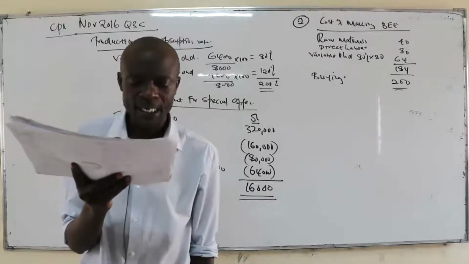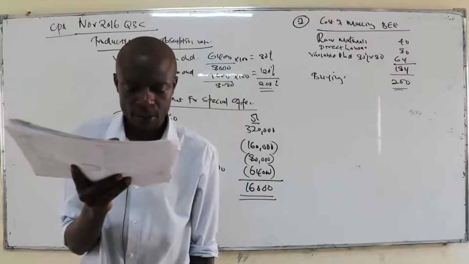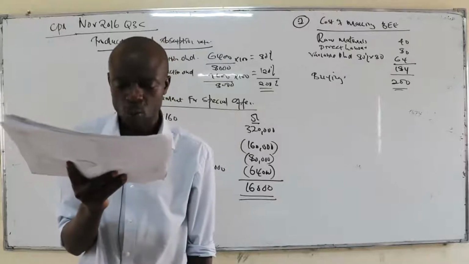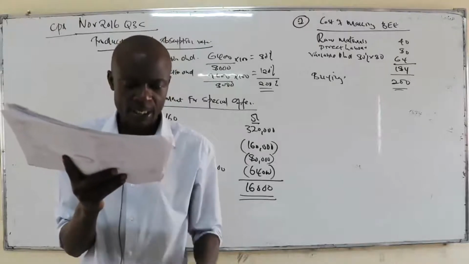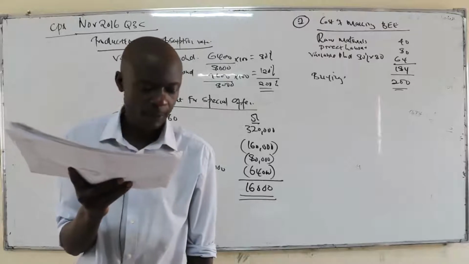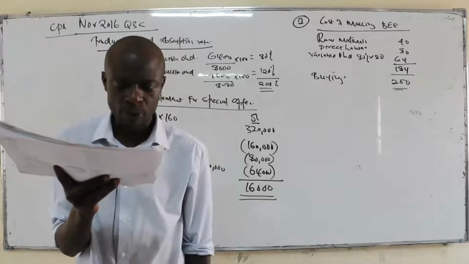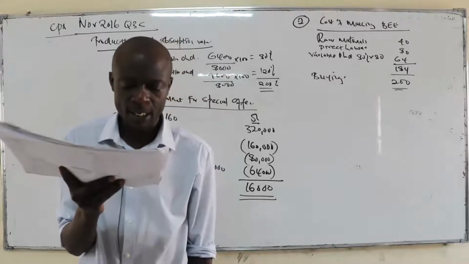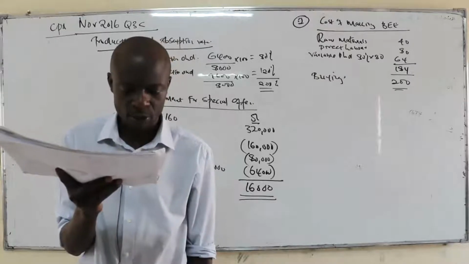The company has reverse engineered the component MT200 and has realized that it could make the component in-house at the following cost per unit. Direct materials is 4 shillings per kg, skilled labor 16, and variable overheads 6.